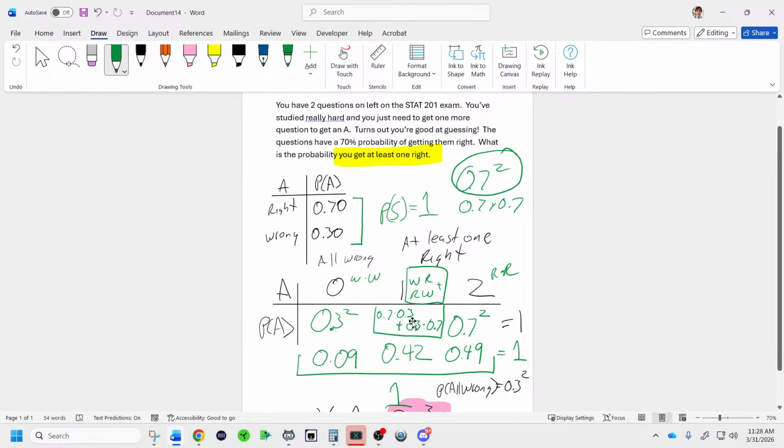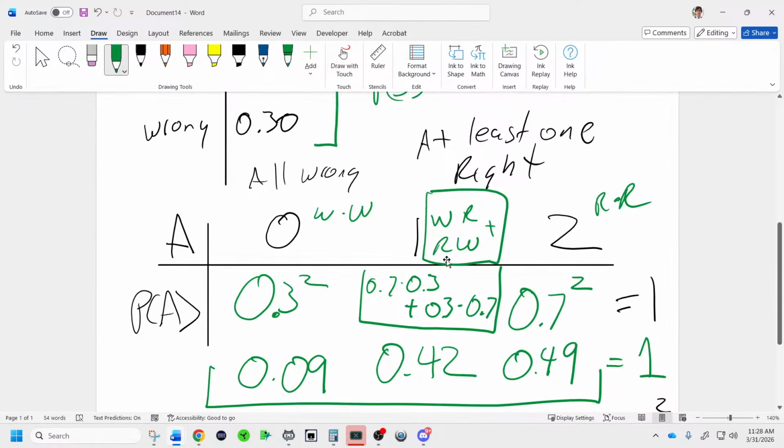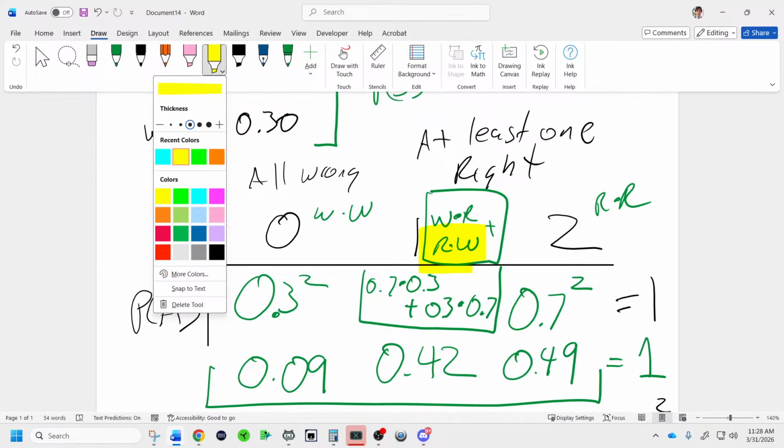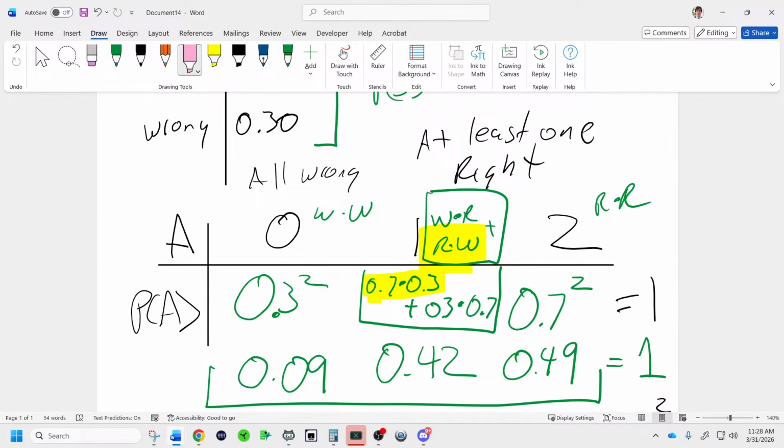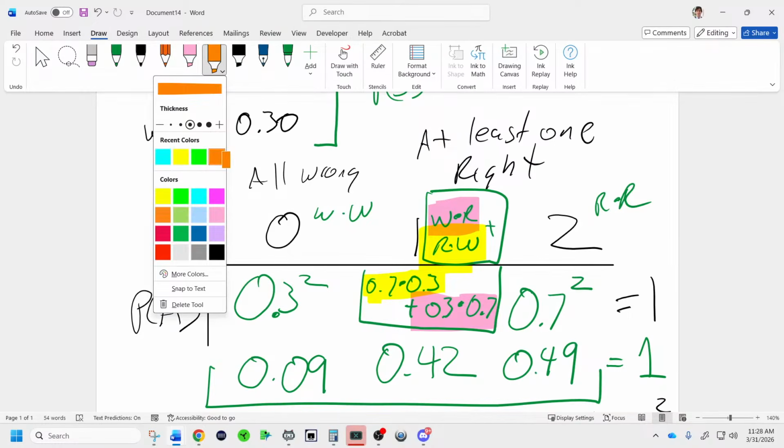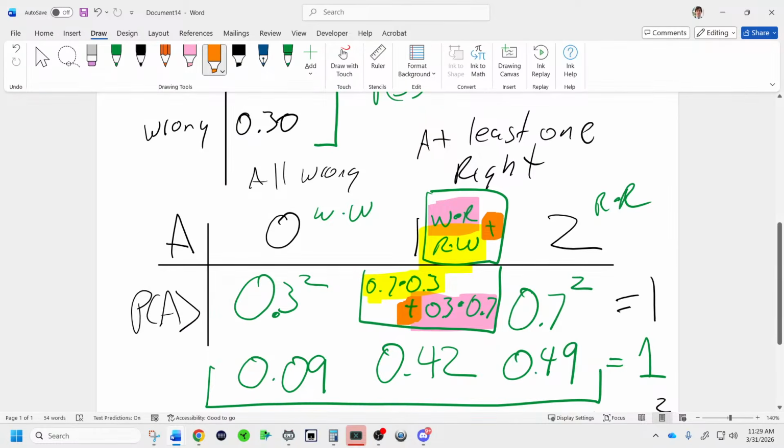This is right, wrong plus wrong, right. There's the math of it right there because you're just multiplying these and then just adding them. You're just adding them because you could do it one of 2 ways. But it can also be found by just doing the complement. Does everyone follow what I'm saying right here, like this 42% for getting exactly one correct?